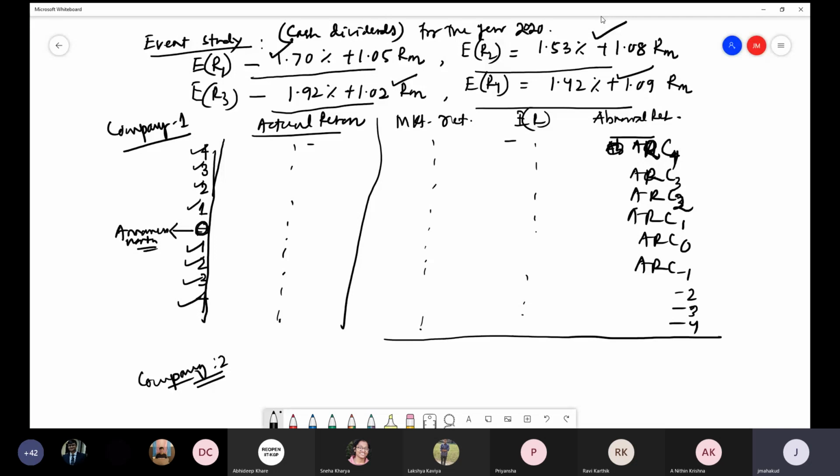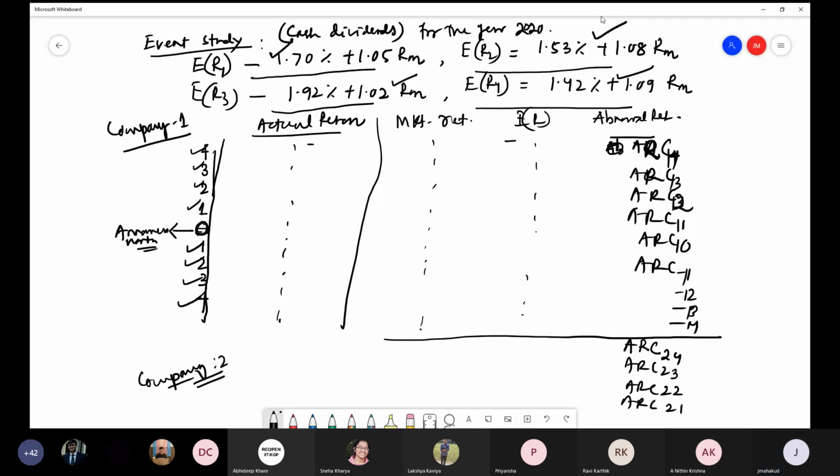Right? So once you have calculated the abnormal return for the different companies in the different periods, for company 2 we can write ARC 24, ARC 23, ARC 22, ARC 21, and so on.